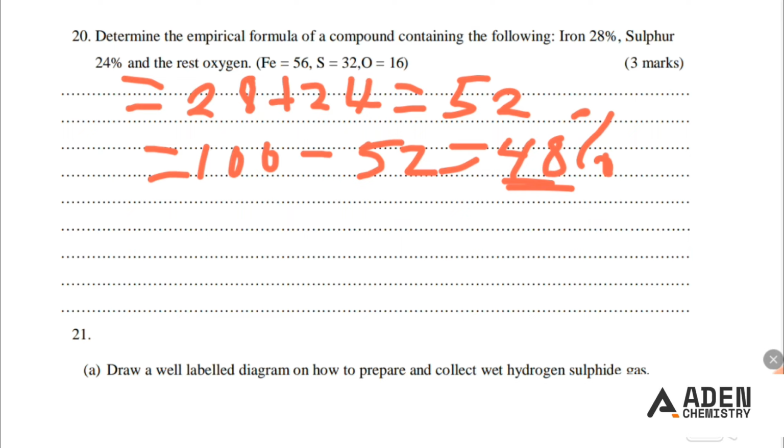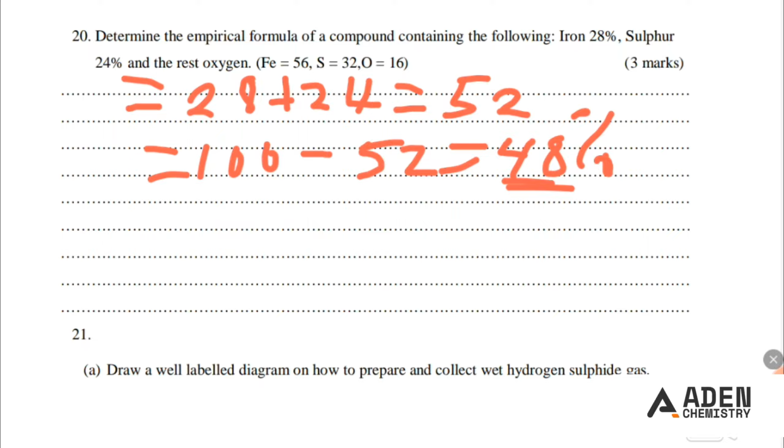Thereafter, we are supposed to get the moles. How do we get moles? Mass divided by molar mass, or Rm. So our mass in percentage is 28 for iron. So we say 28 divided by 56. We are going to get 0.5 moles. Then the moles for sulfur, we say 24 divided by 32. What we get there is 0.75.